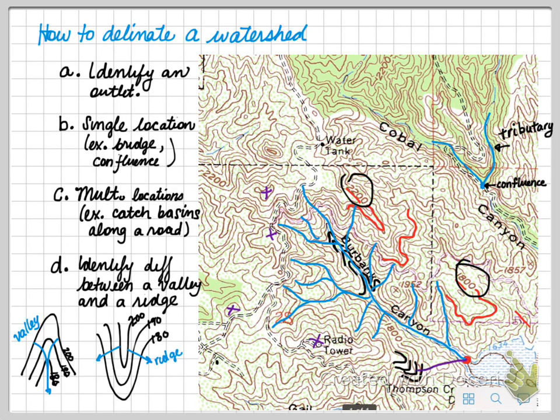Start at the outlet and follow the ridge on one side. Go all the way until the contour lines change, or at a high point. Now go to the other side. Go all the way until the contour line changes again. You need to try and connect the two ends. You cannot just draw a straight line to connect the watershed. You need to continue to go perpendicular to the contours as you had before.